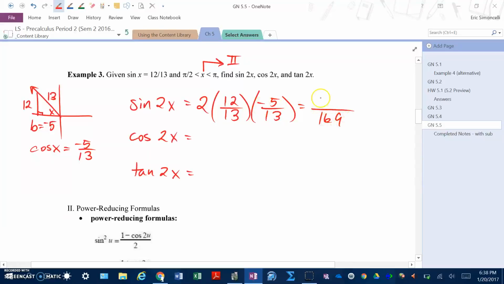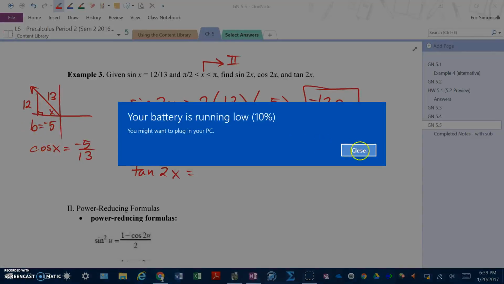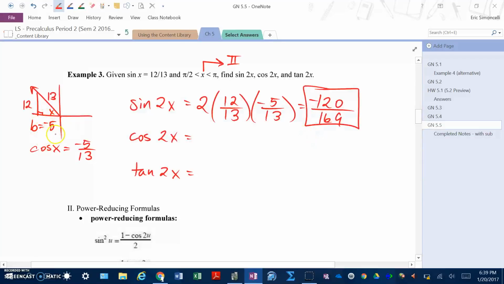And if we multiply the numerators across, that becomes negative 120. That's not reducible, so that's our answer for the sine of the double angle. Take a look at the sign on that value. That's a negative. Our angle is in the second quadrant, so if we multiply that angle by 2, it will likely land in quadrant 3 or 4, but it's going to have a negative y-coordinate.